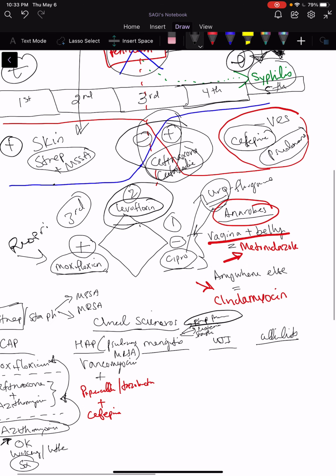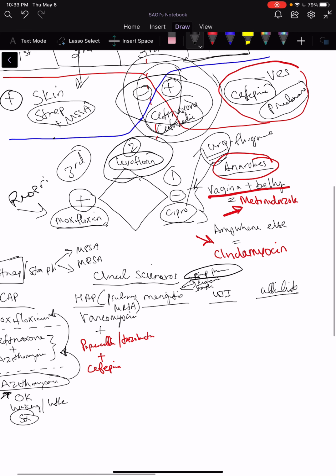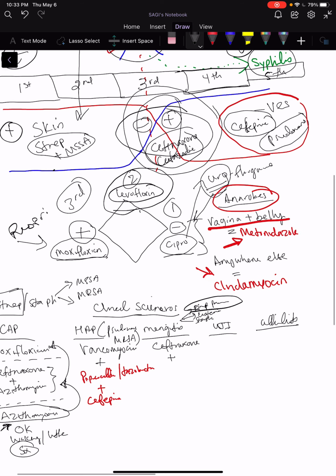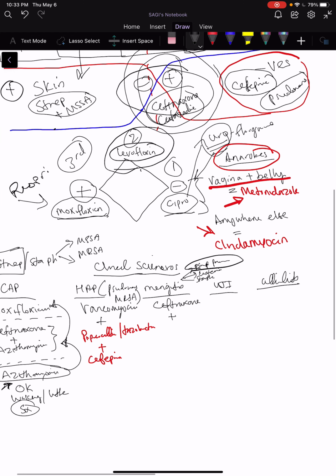Here are the third generation cephalosporins, which can do gram-positive stuff. So ceftriaxone. Listeria is a gram-positive infection. So we can use one of these simple penicillins here, ampicillin or amoxicillin. Generally, ampicillin is better for listeria.